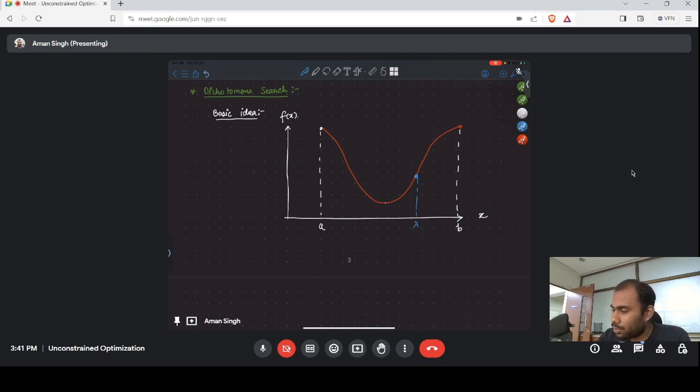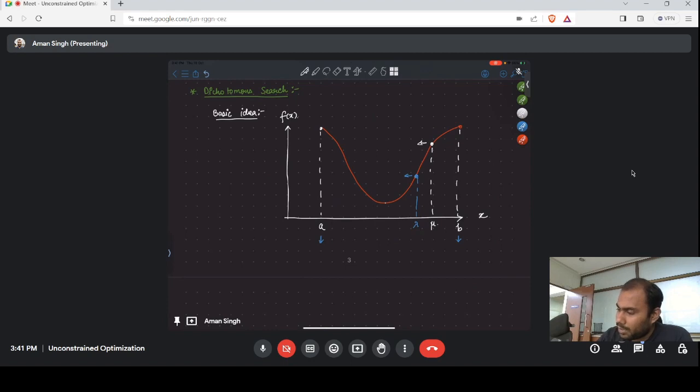Can I use this information in any way if I know the function value at lambda? Please note, you actually don't see f(x) while running the algorithm, you only see the x. So a single point will not give you much information. But if I add one more point, let's call it mu, and I know its functional value, then I can use this information.